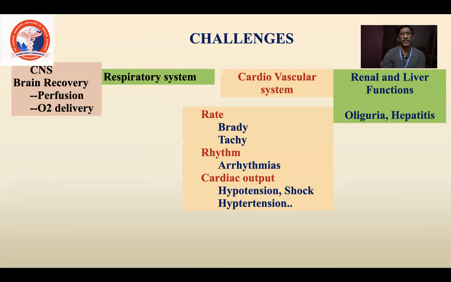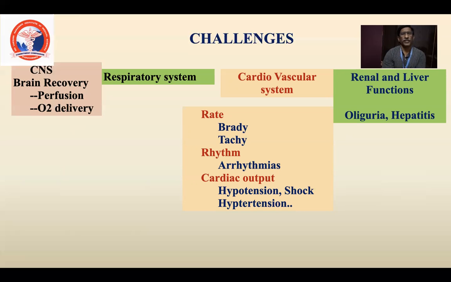How is this going to be made? So the respiratory system should be functioning well to provide oxygen delivery. The cardiovascular system should be functioning well to provide good perfusion. Renal and liver should perform well to metabolize and excrete the anesthetic drugs. They should not have oliguria or hepatitis.